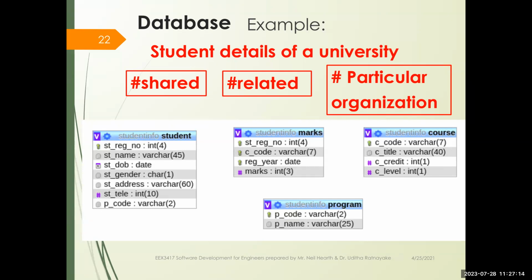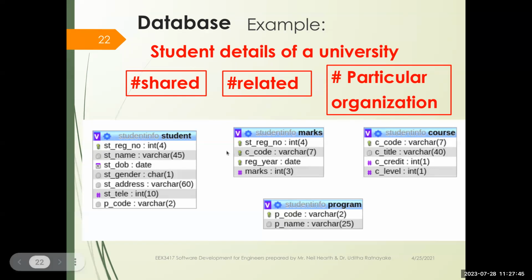Now we created these tables by MySQL. MySQL has these data types, varchar, int, char. Char is only one character. Now see this course table: course code, course title, course credit, course level.